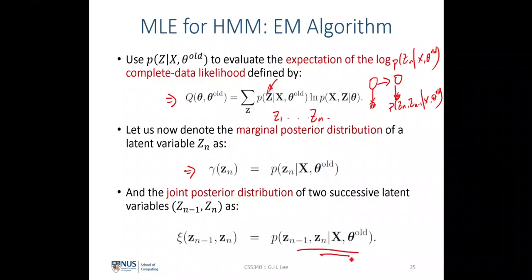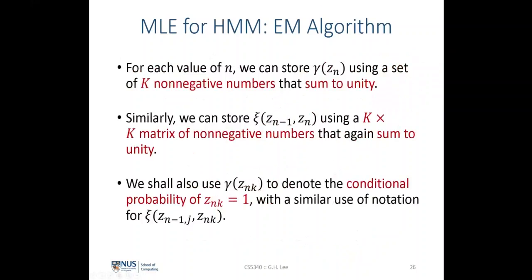And this term arose all because of the link between the consecutive latent random variables z_{n-1} as well as z_n. Now, what this means is that each gamma(z_n) will consist of K non-negative numbers that sum to unity, since this is the posterior distribution of z_n conditional upon x and θ_old, where z_n is taking 1 out of K states.